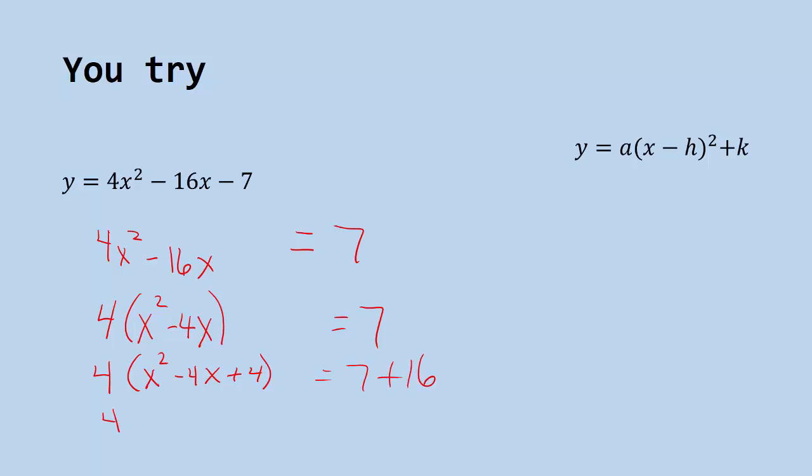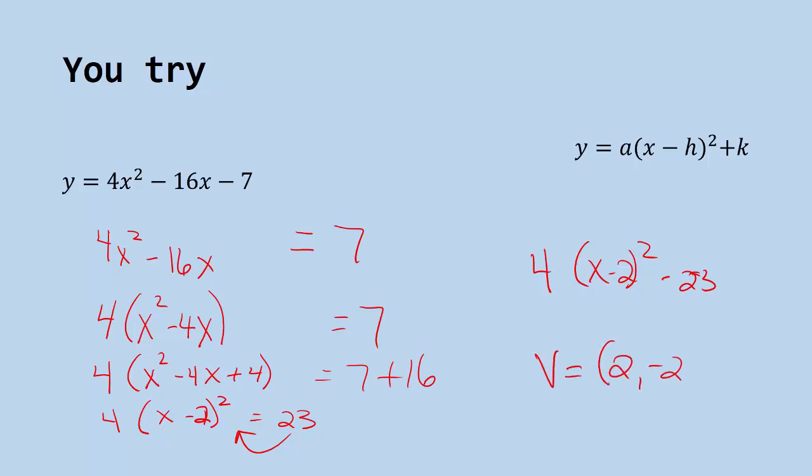And now I have my perfect trinomial squared is equal to 23, but to be in vertex form, I simply move the 23 over. So we're left with 4 times x minus 2 quantity squared minus 23, just like we had in the previous equation. And our vertex is still going to be 2, negative 23.